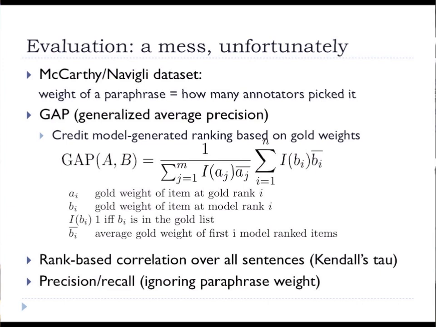What we did, and what I would propose doing, is just to do precision and recall, ignoring the paraphrase weight, ignoring how many people picked a particular paraphrase, because that is relatively noisy anyway.